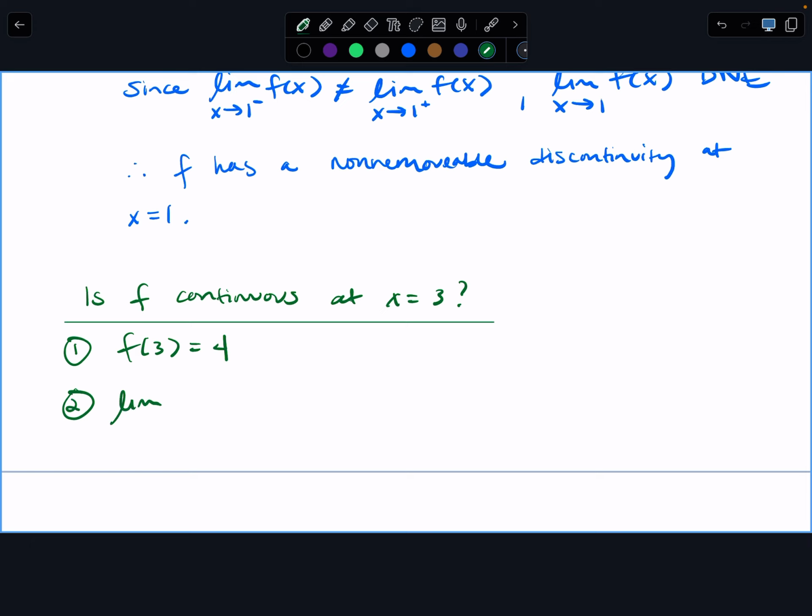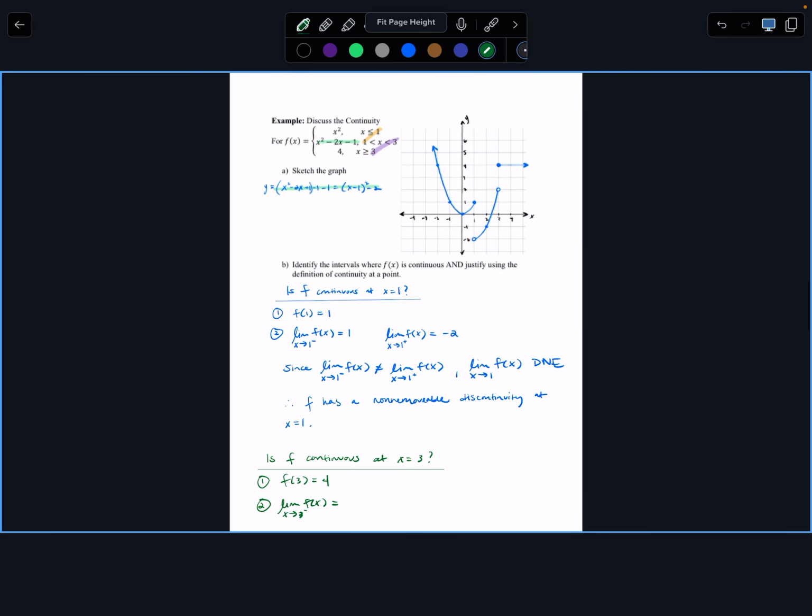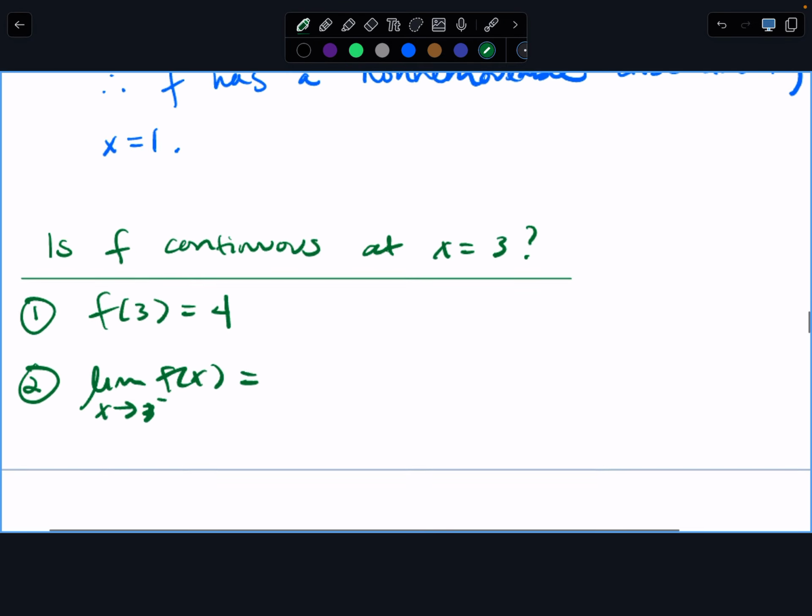Then one-sided limits. As x approaches 3 from the left, that would be the second interval, and we get 2. And the limit as x approaches 3 from the right would be the last interval, where we get 4.